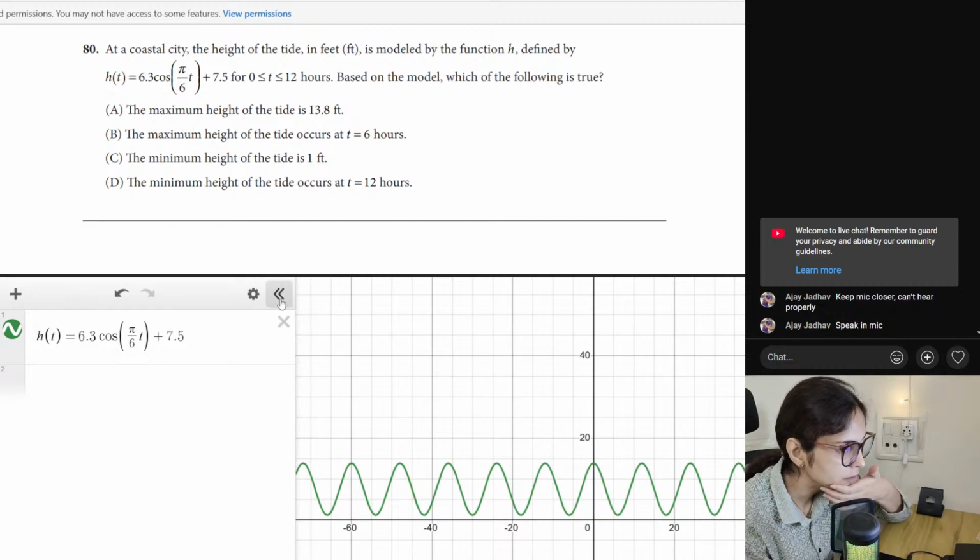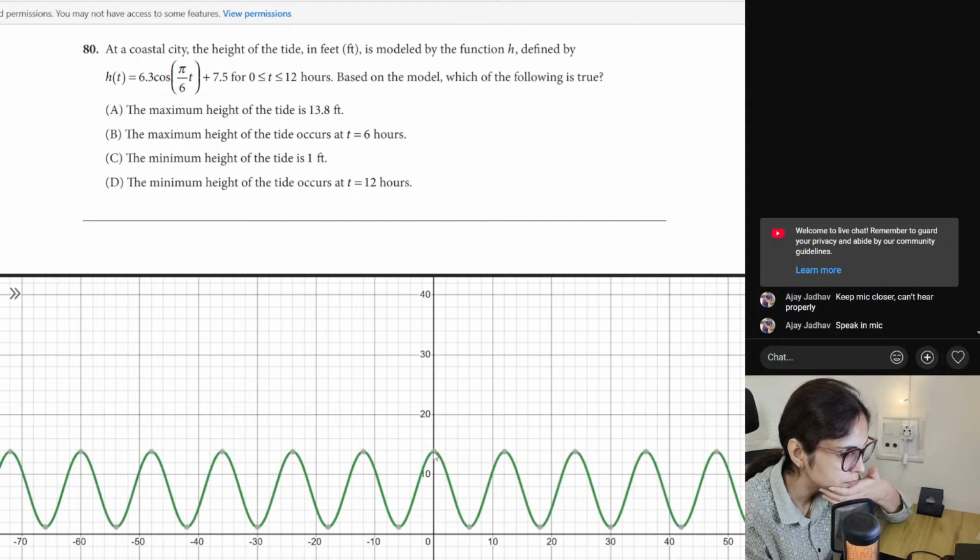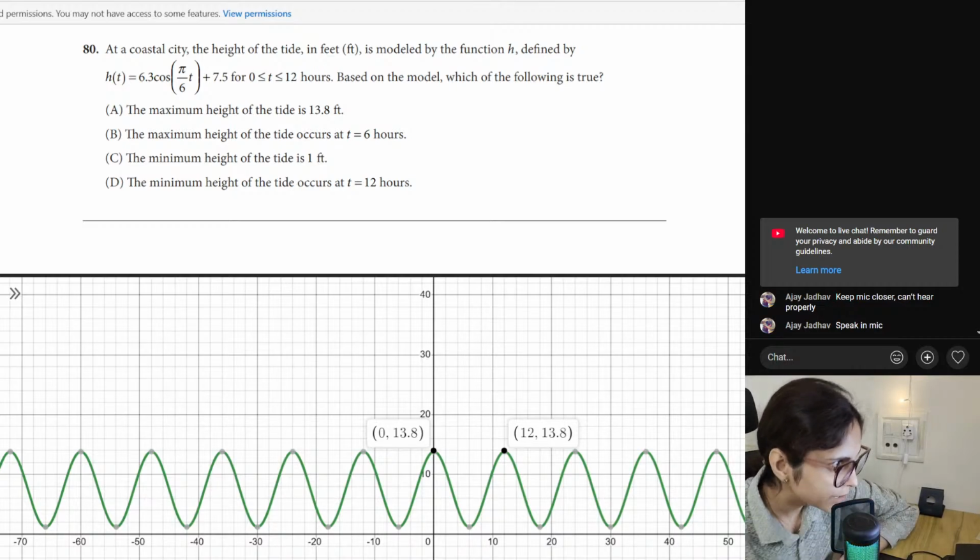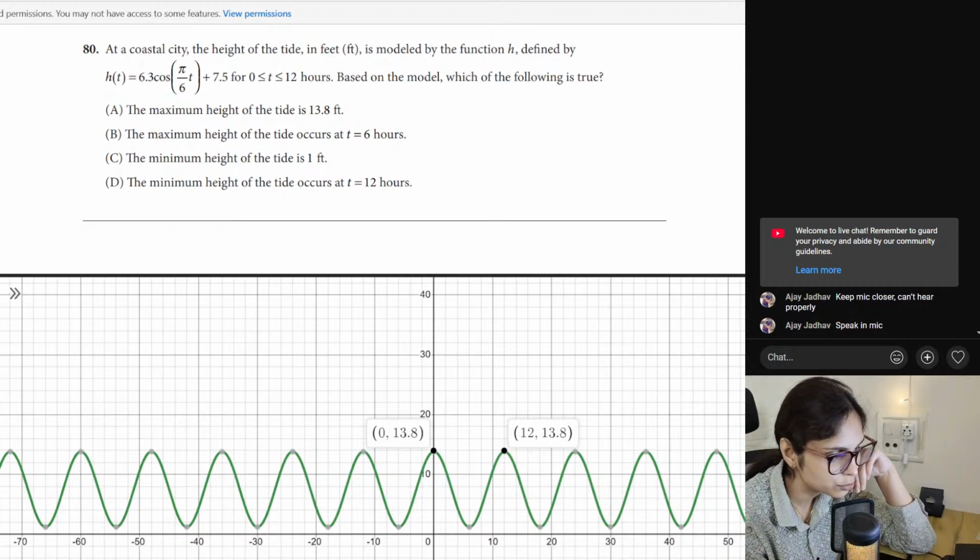Now looking at the graph, the maximum is 13.8. So the maximum height of the tide is 13.8 feet, that is correct. The maximum occurs at 6, no. The maximum, as you can see, is occurring at 0 and 12. So option B is not correct.